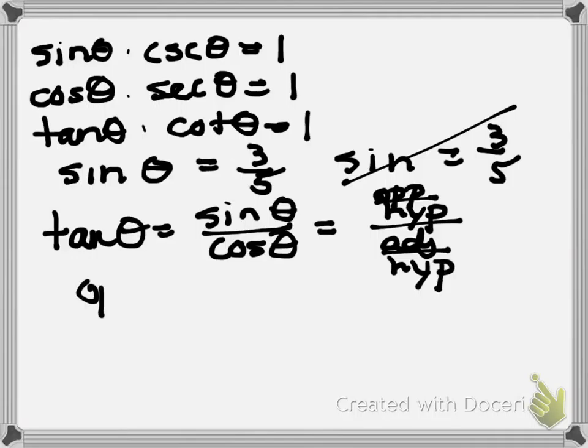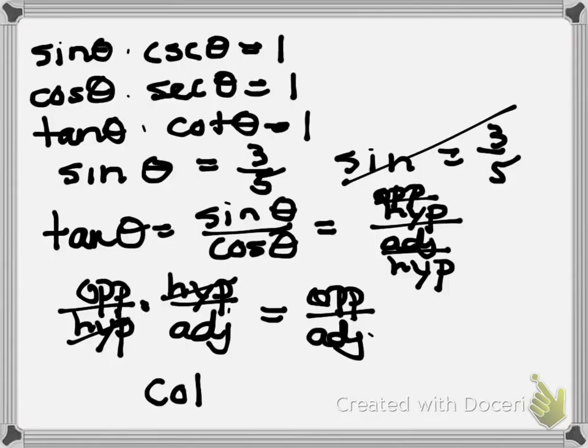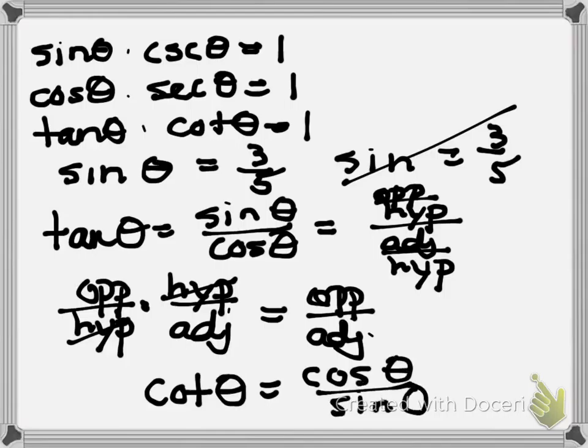So if you take the numerator and multiply by the reciprocal of the denominator and divide out like factors, you get the opposite over the adjacent, which is tangent. So in the same way, the cotangent then is the cosine of theta divided by the sine of theta.